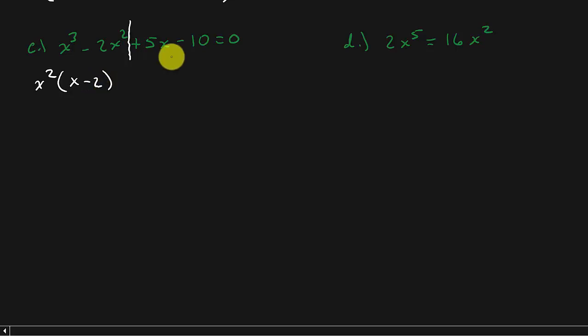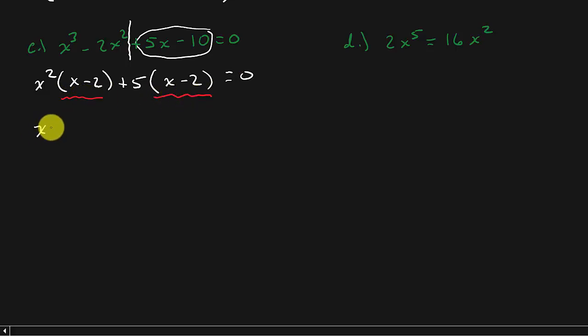And then out of this part, I can factor out a 5, and that leaves me with x minus 2, and that equals 0. And then you can see we've got a common factor of x minus 2. So x minus 2, and then I'm left with x squared plus 5 equals 0.